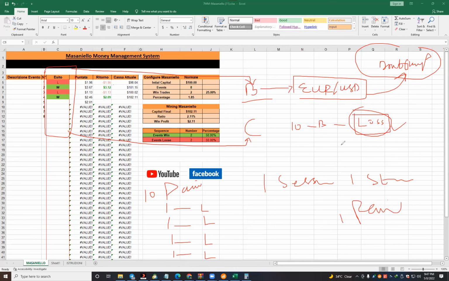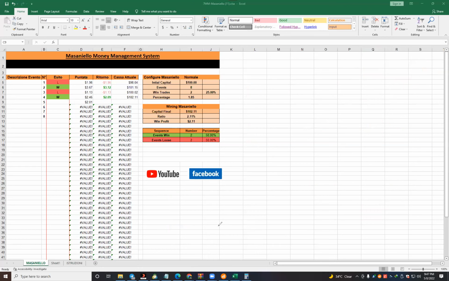But in one pair, you will never find, for example, if you just examine, practice 10 hammers in a row, in one pair. Is it possible that after 10 hammers there will be no green candle? No, maybe 50% you will get the green candle, 50% you will get the red candle, right?